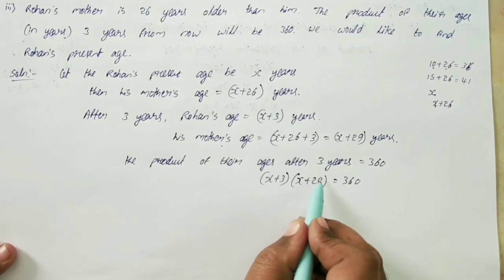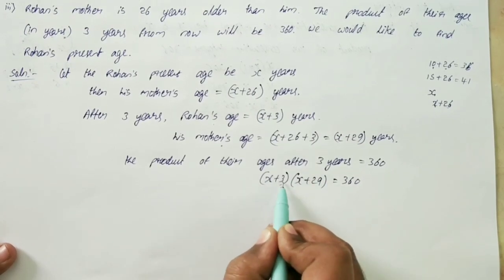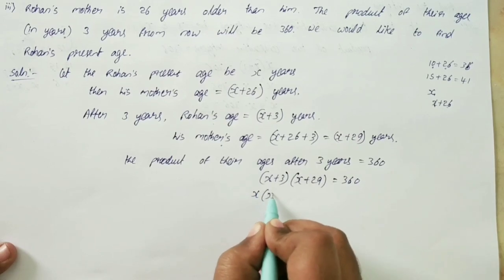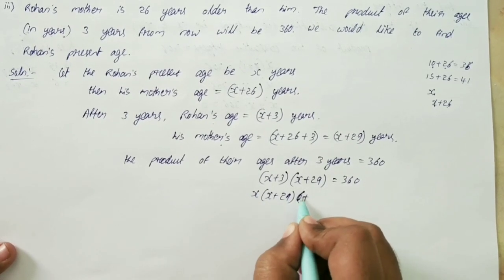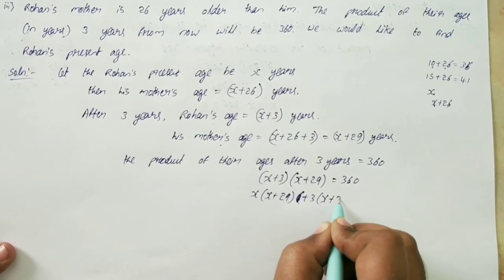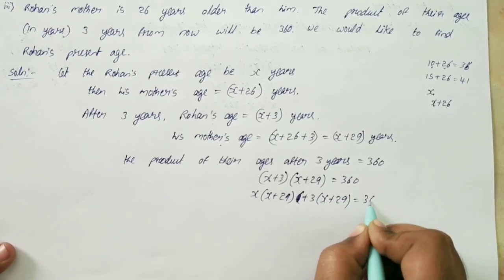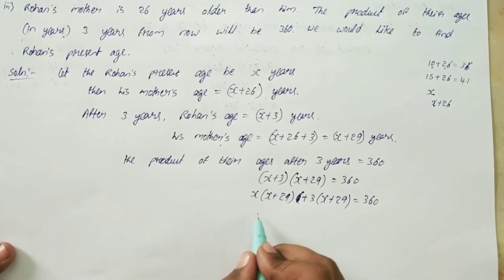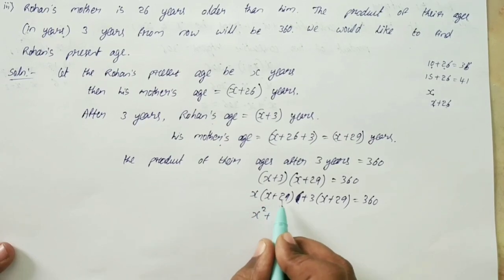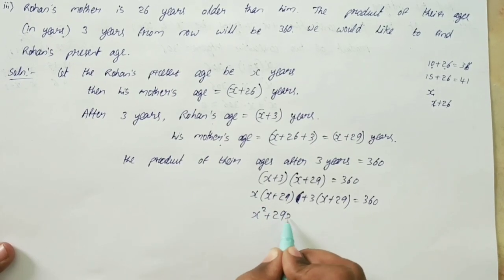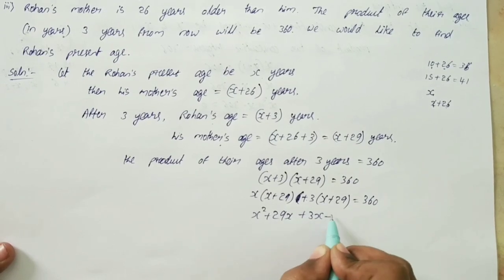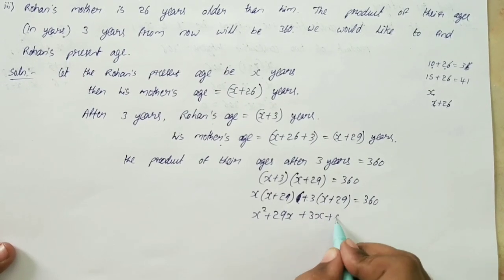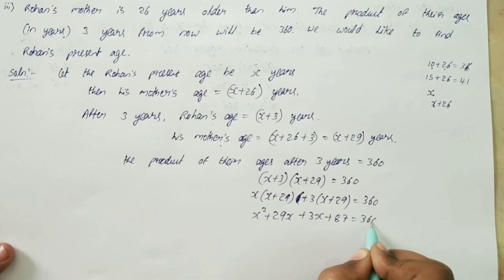So now we have to multiply x plus 29 with x as well as with 3, right? So x into x plus 29 plus 3 into x plus 29 is equal to 360. Now x into x is x square, plus x into 29 is 29x, plus 3 into x is 3x, plus 3 into 29 is 87, equal to 360.